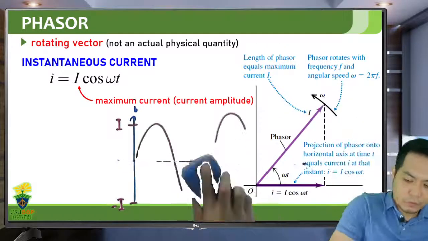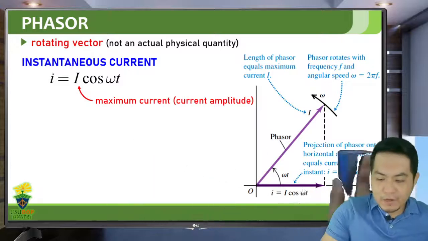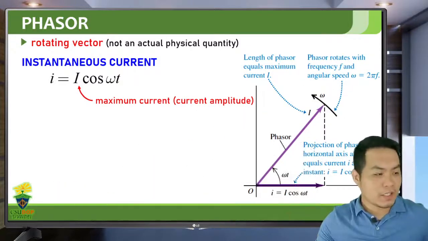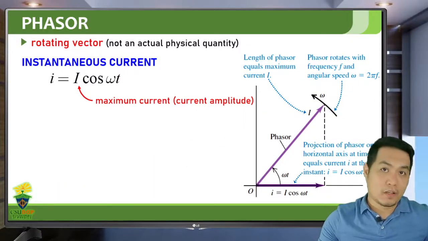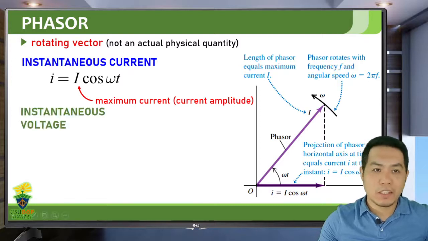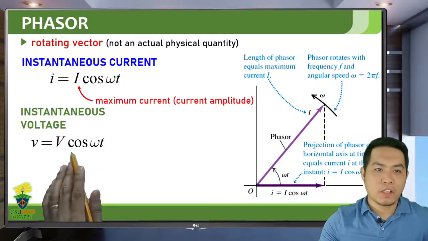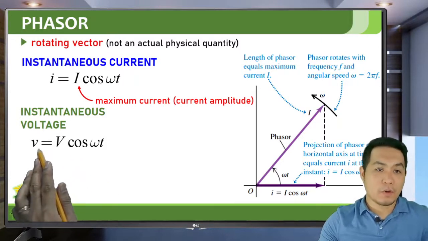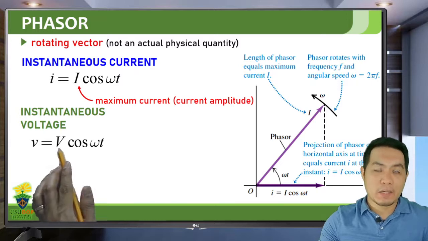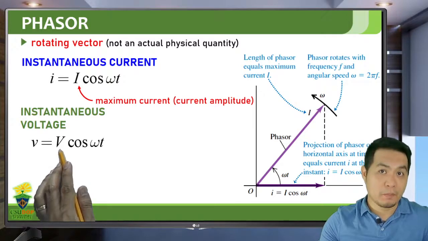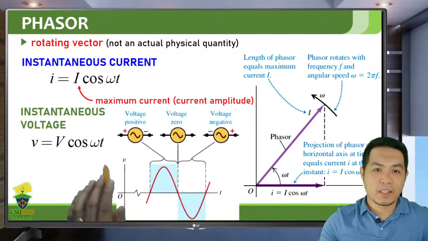Since voltage and current are proportional to each other, the voltage will also alternate. The instantaneous voltage can also be written as the maximum voltage, or the voltage amplitude, times cosine omega t.